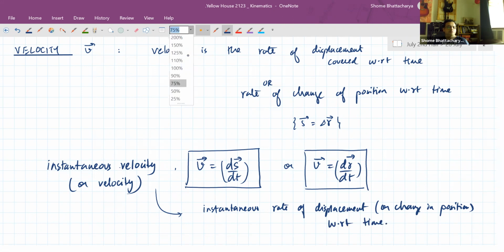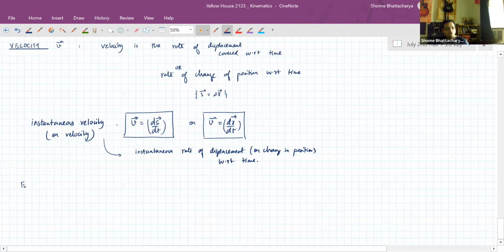For example, we saw that previous question where the instantaneous position vector was given by 2 plus 3t i cap plus 2t square j cap plus 4k cap.